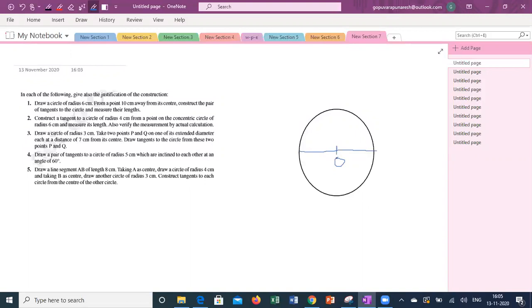See, read the question. What is he asking? Draw a circle of radius 3 centimeter. Take 2 points P and Q on its extended diameter. How to take the 2 points?